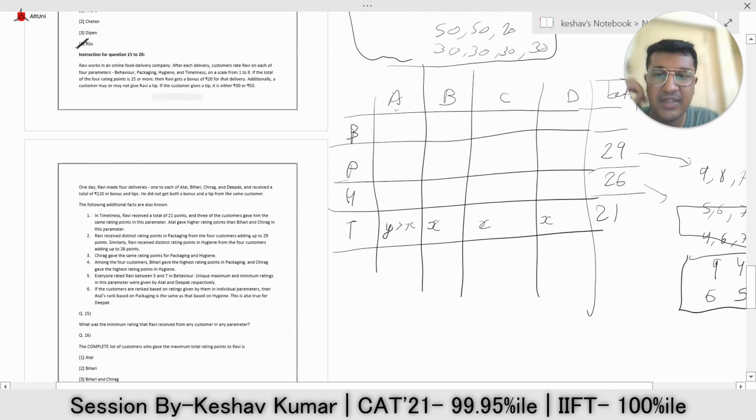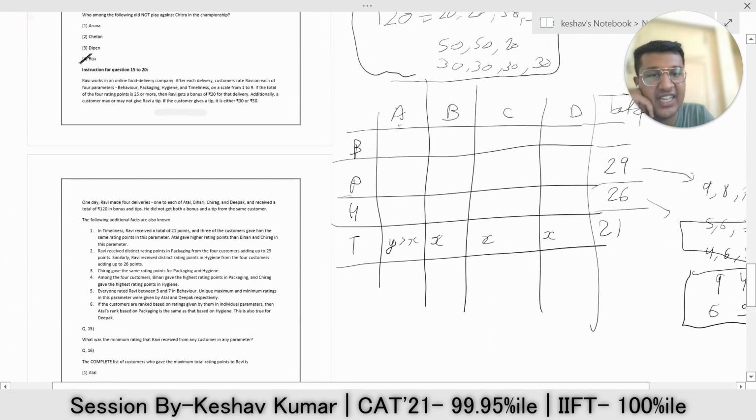Chirag gave the same rating points for packaging and hygiene. Packaging, let's say A, and hygiene, again A. Among the 4 customers, Bihari gave the highest rating points in packaging. I'm going to mark it as highest, like this arrow above. And Chirag gave the highest rating points in hygiene, arrow up.